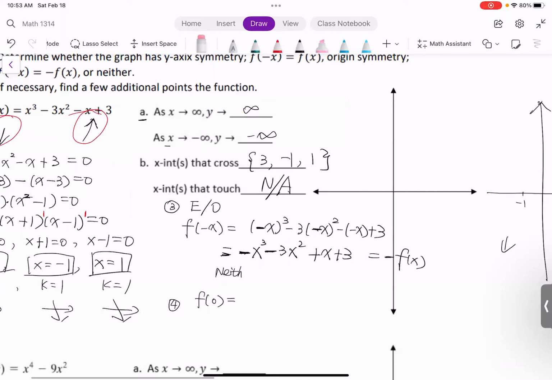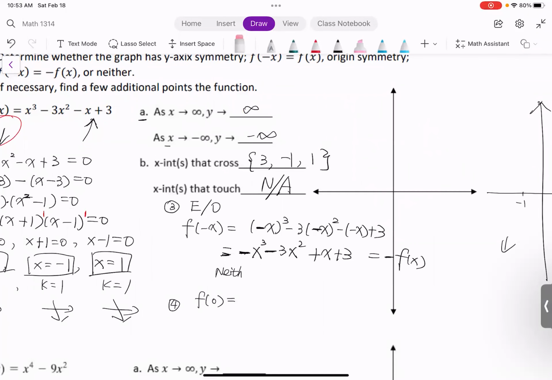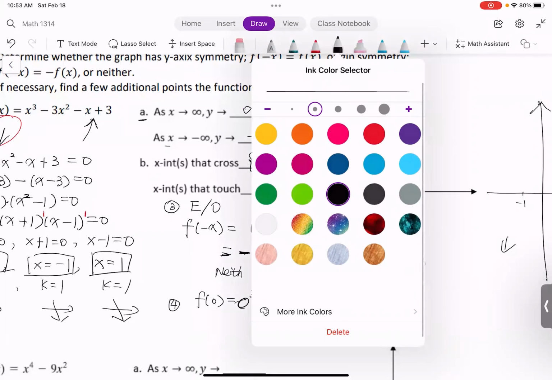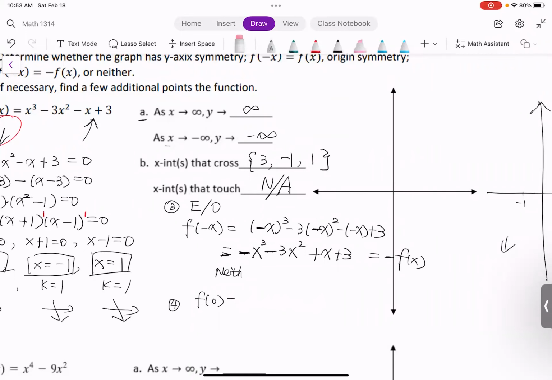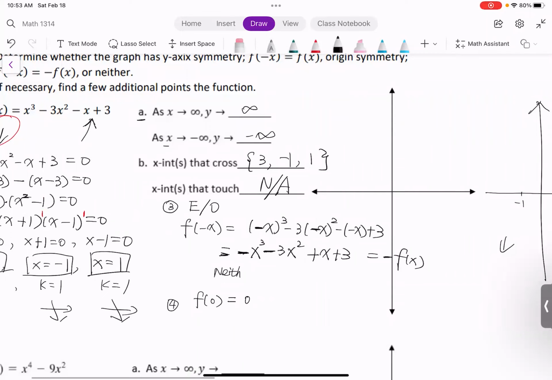Put it in the function: 0 cubed minus 3 times 0 squared minus 0 plus 3. Here is multiplication, so 0, 0, 0, plus 3 is 3. So the point is 0, 3.